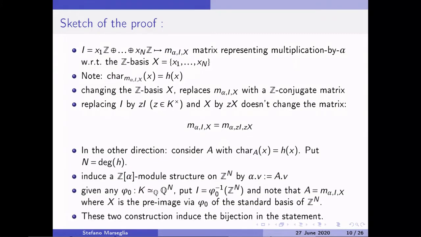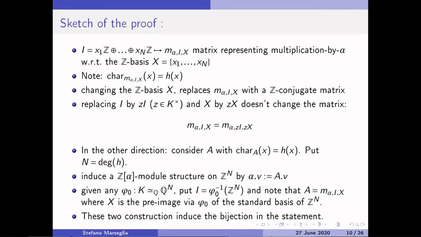And in the other direction, we pick our matrix A with the right characteristic polynomial, our irreducible characteristic polynomial H. I think I should have put n equal to the degree already above, but now it's on the slide. We can induce a Z[alpha] module structure on the free abelian group of rank n in this way. We define the multiplication by alpha on any integer vector as A applied to this vector.